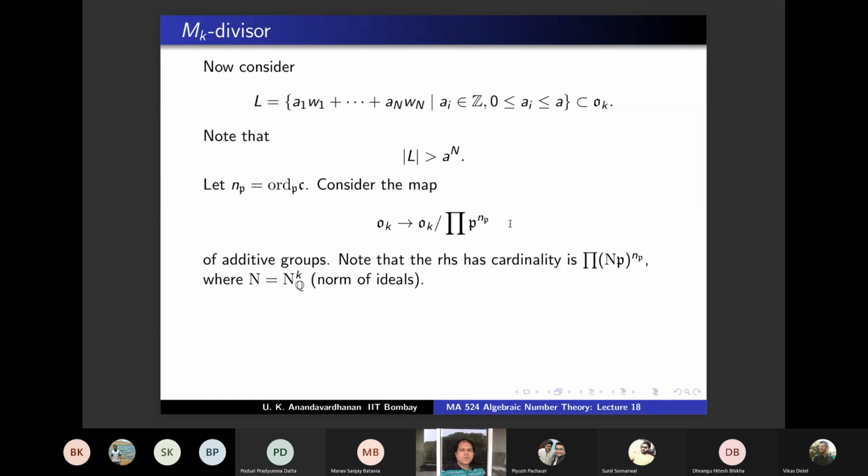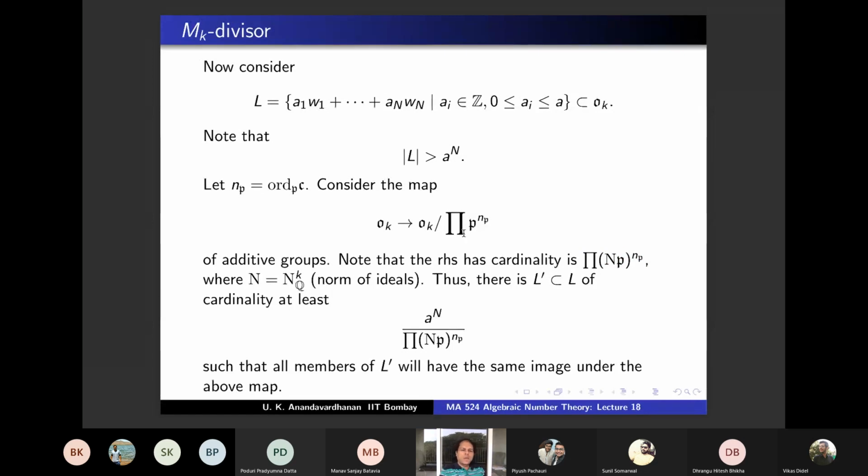Okay, therefore the conclusion is, under this map L is contained in OK, and the image of L inside this has cardinality this much, and L has cardinality bigger than this. Therefore, again by pigeonhole, the conclusion is L has a subset L prime of cardinality at least A power n divided by this product, such that all members of L prime will have the same image under this natural map.